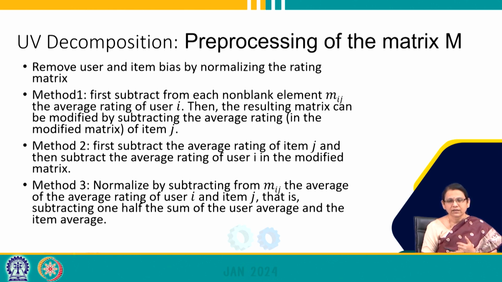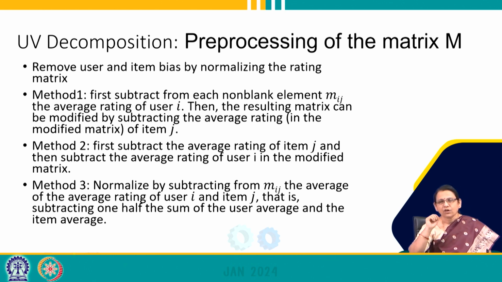Now, look at the concept of user bias. We are going to discuss this user bias many more times as well, but here I am just trying to introduce it. So, what is user bias? As a user, when you give a rating, your rating may not always be consistent with your thought process.